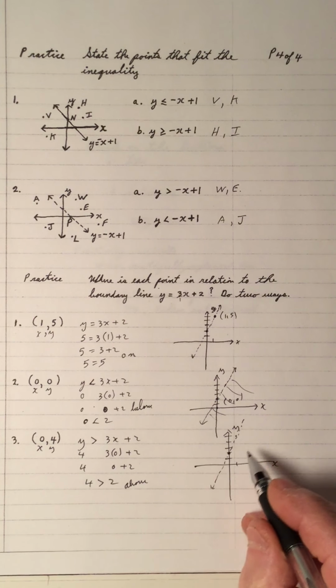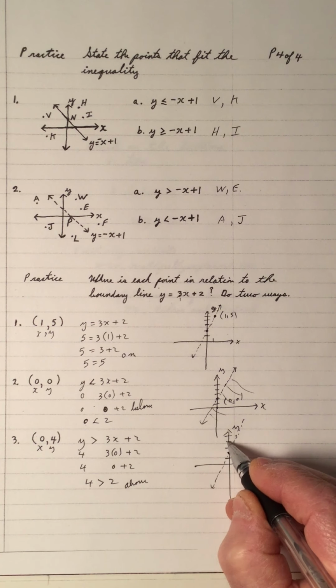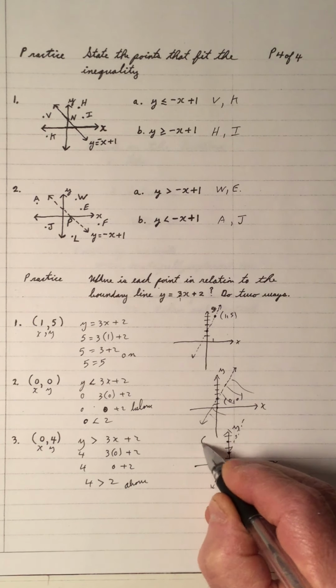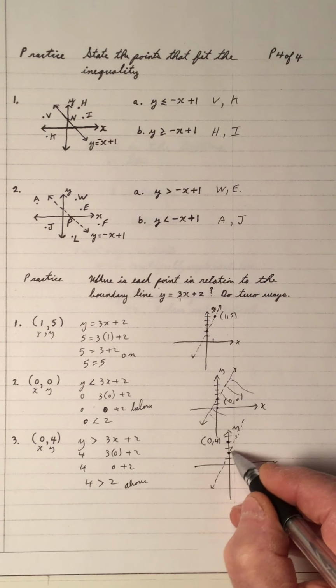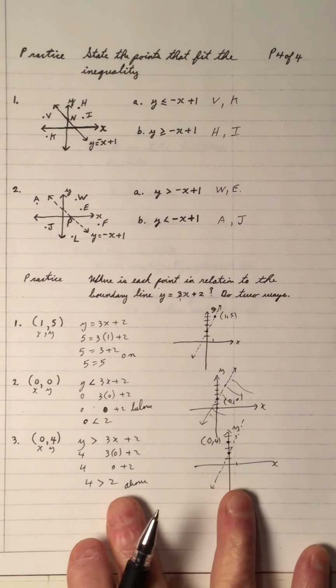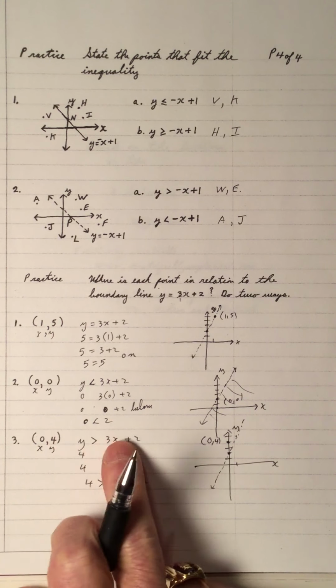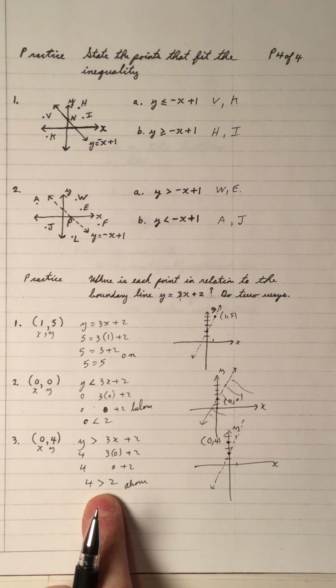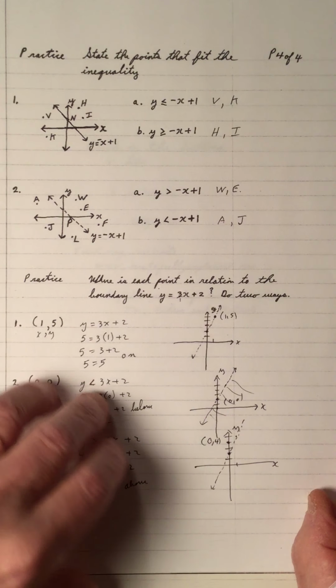Now, the point x is 0, y is 4. There's the point right there. That's the point 0, 4 in relation to this boundary line. And this point is where? Above the line. So there's two ways that you can do it. You can take the point and plug it in. If the point says greater than, then it's going to be a greater than inequality, lying above the line.